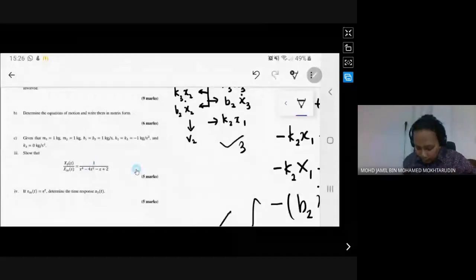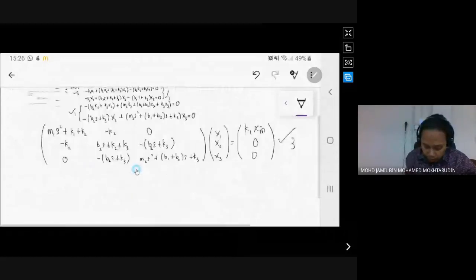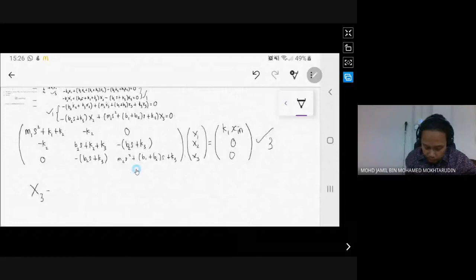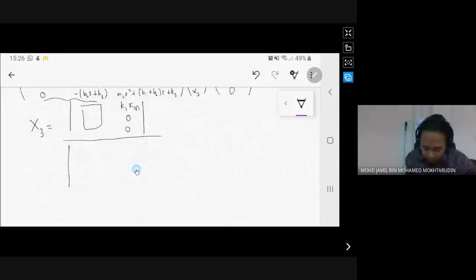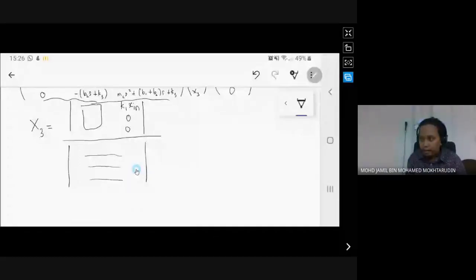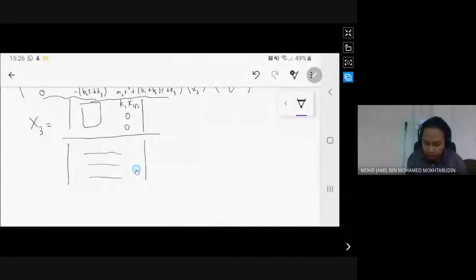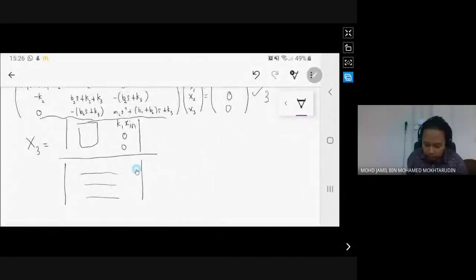So here, the first 3 marks will be to write in terms of determinant. If you write x3 equals determinant of this matrix, and then you substitute K1, X in, 0, 0, divided by the determinant of the previous matrix, so if you write this in full, not with Gaussian and boxes, you get 3 marks.